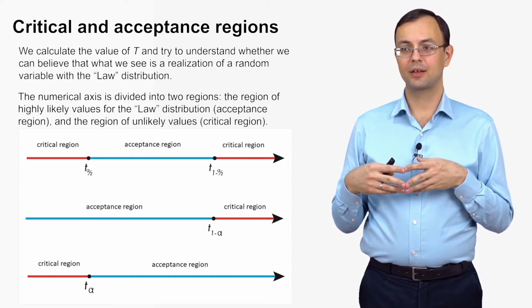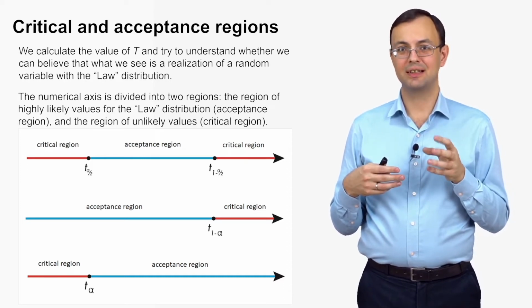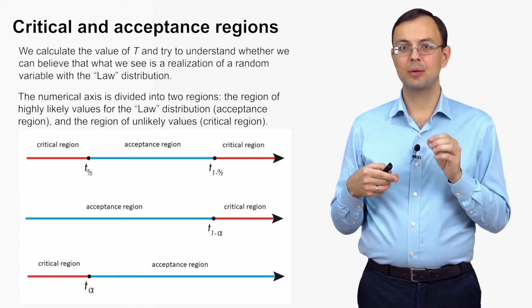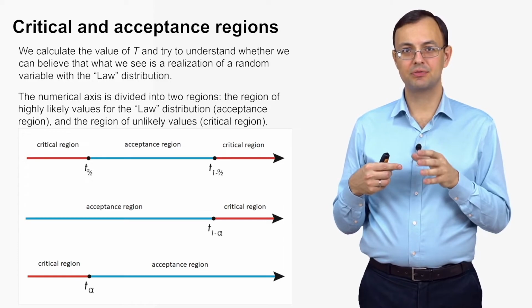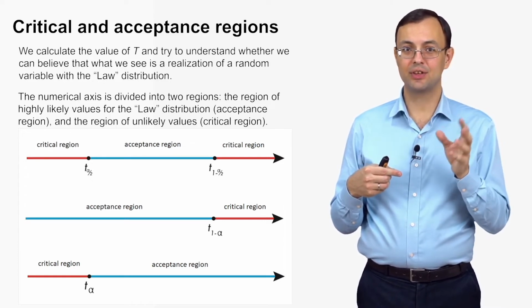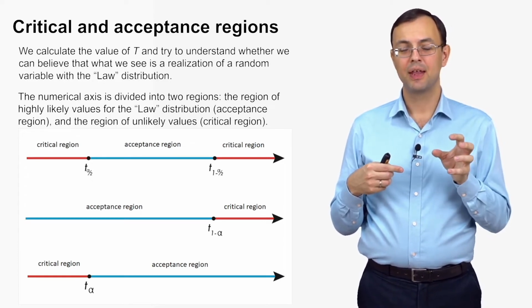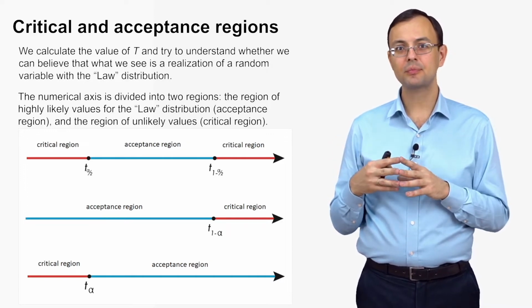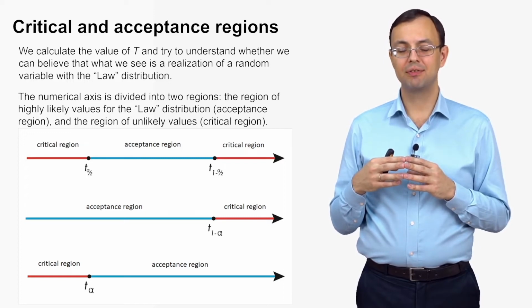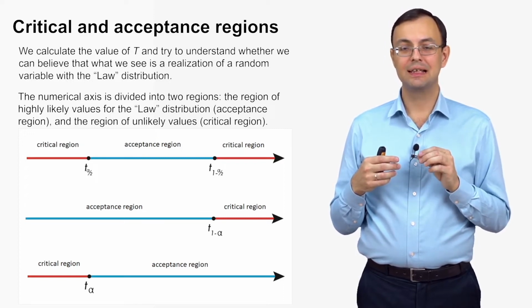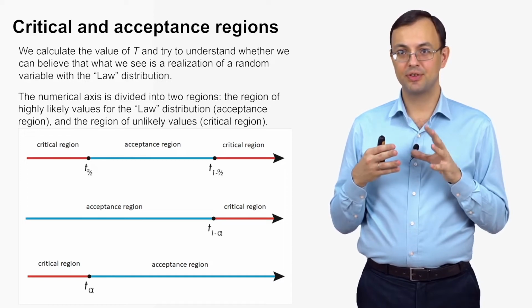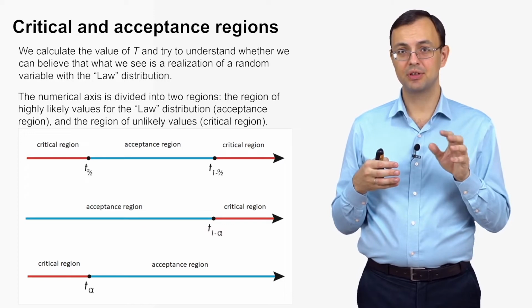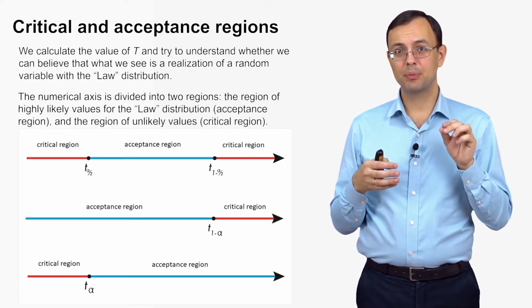Let me remind you what a quantile of a given level is. A quantile of the level beta is such a number that the random variable of your interest takes values less than the quantile with probability beta and more than the quantile with probability 1 minus beta. So the quantile of the level 0.025 is such a number that the random variable takes values less than this number with probability 0.025.